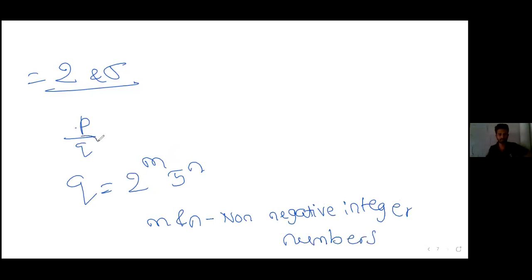So if the decimal expansion is terminating, then it will surely have the denominator of the form 2 to the power m multiplied by 5 to the power n.